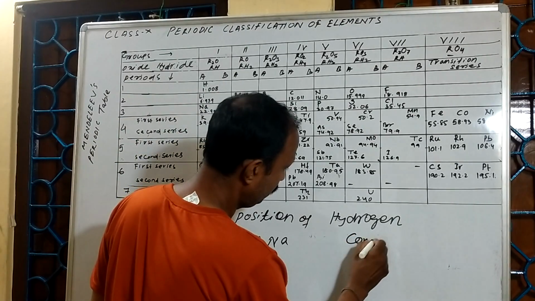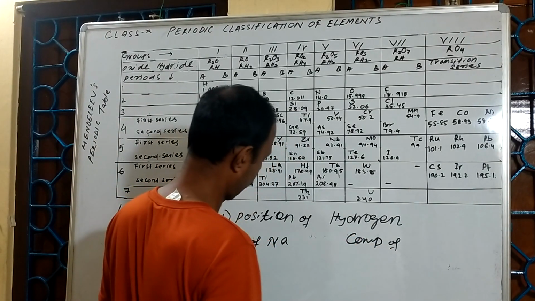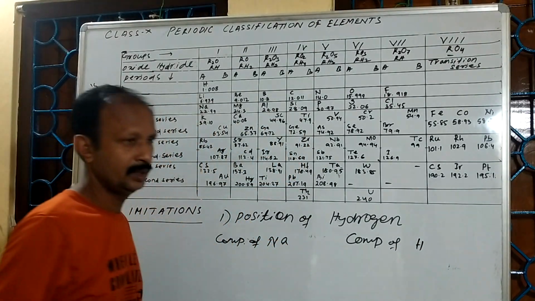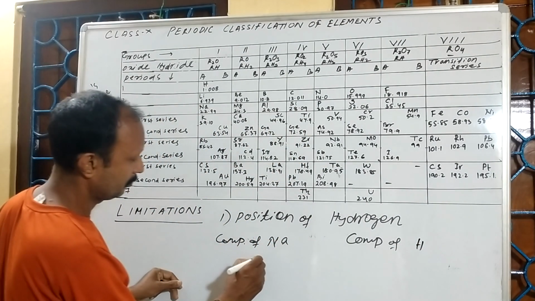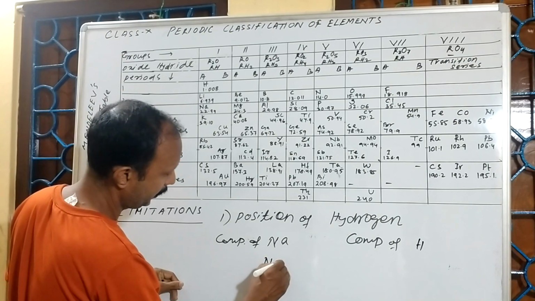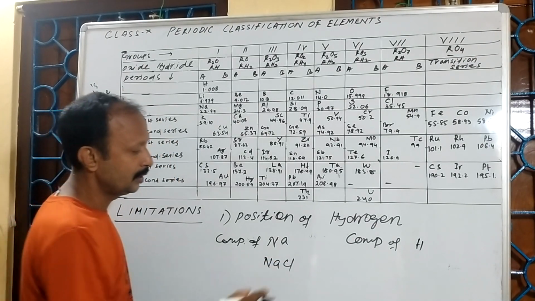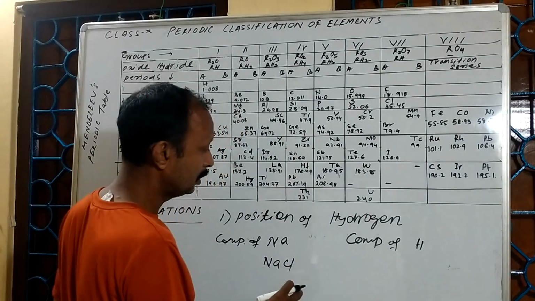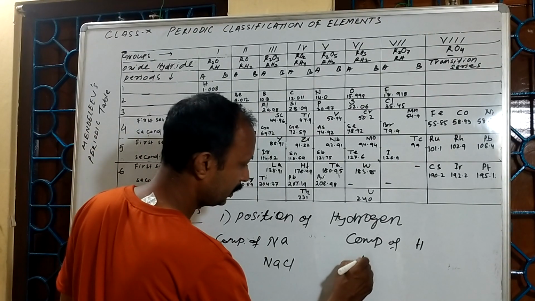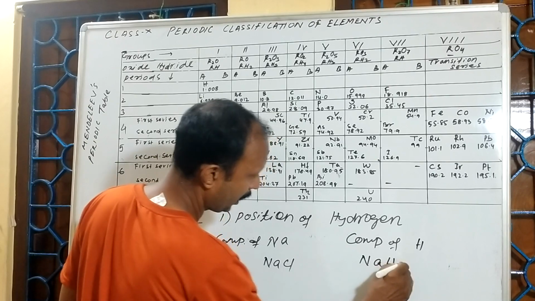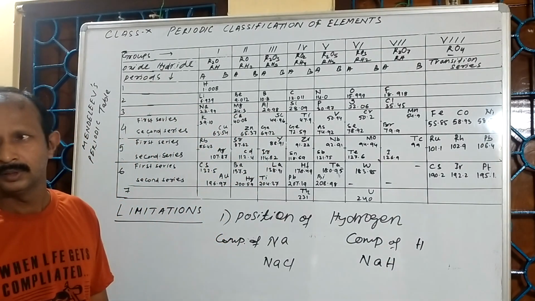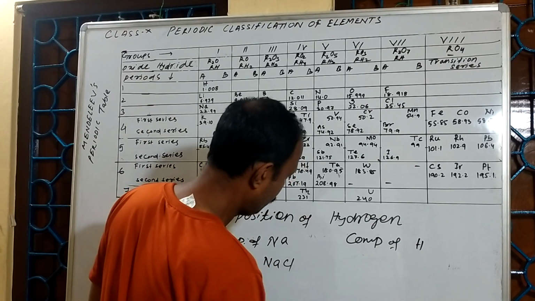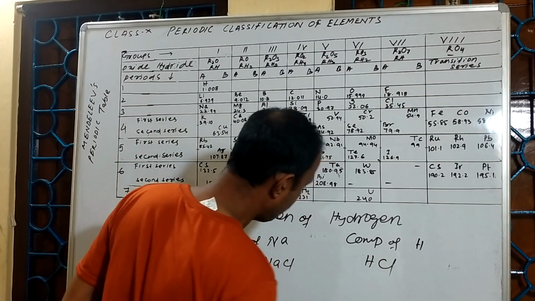Here I am writing compounds of hydrogen. In case of sodium, I can write NaCl. Here for hydrogen, it is HCl.